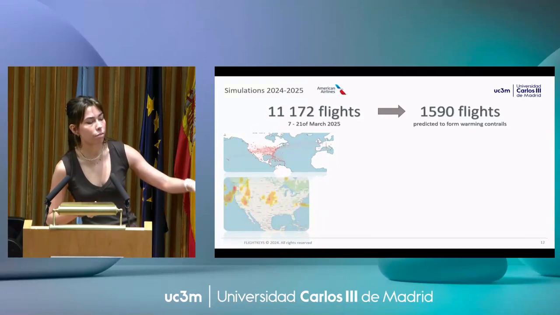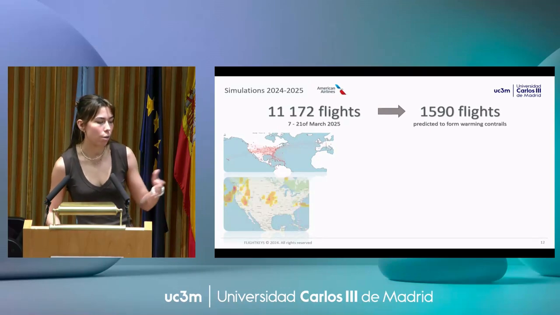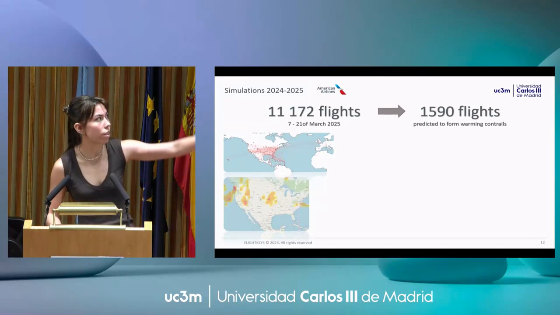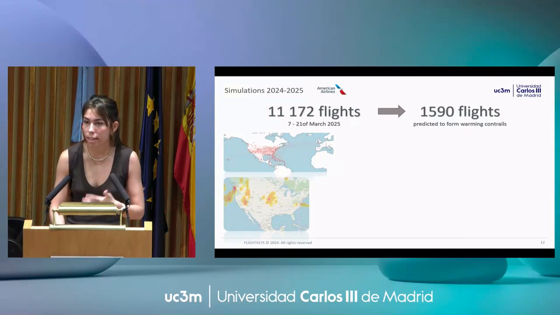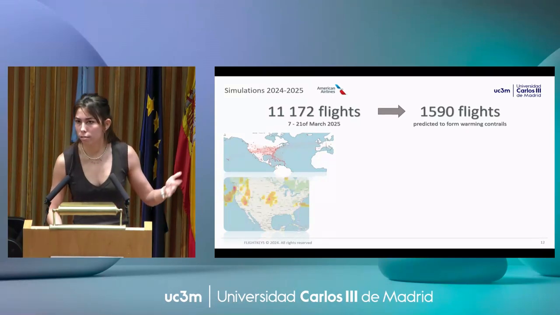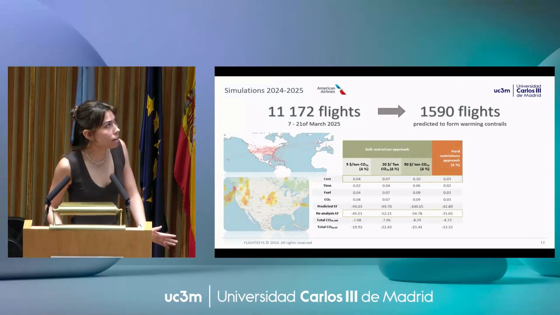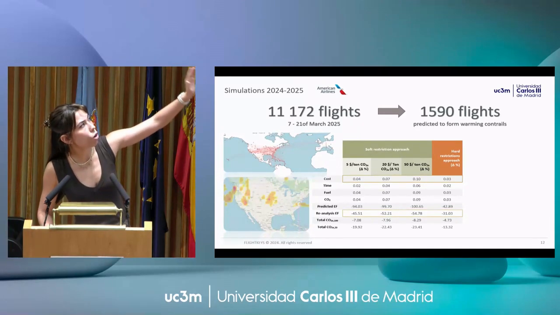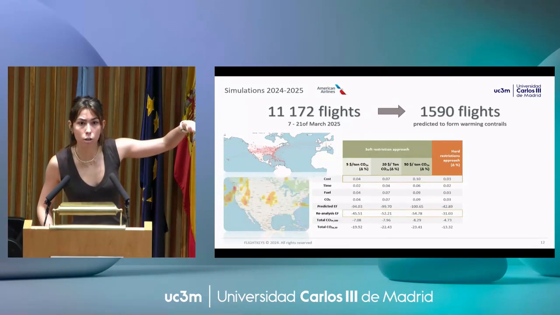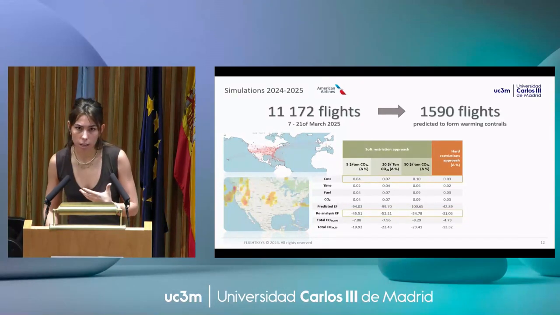We filtered out the flights for the US and North Atlantic, and here we can see a screenshot of one of the days of operations, how the contrail map was looking. The redder, the more warming; the yellower, the less warming. And here is the first table of results. We can see the different cost thresholds that we set: a cost of $5, $20, $50 for these contrail areas.